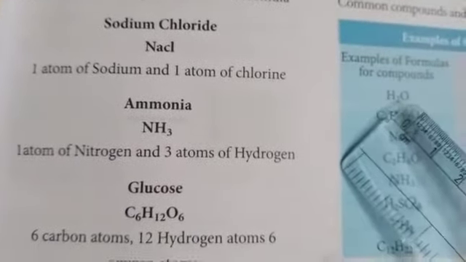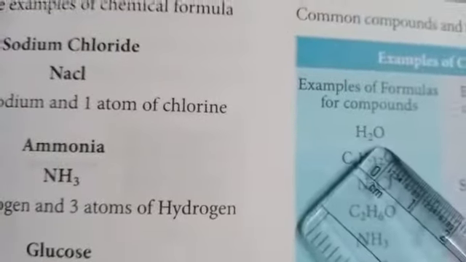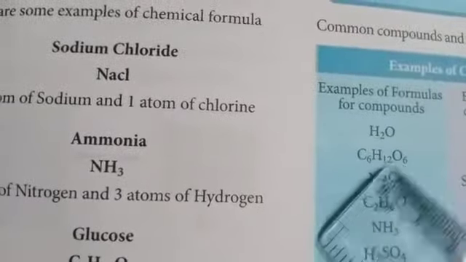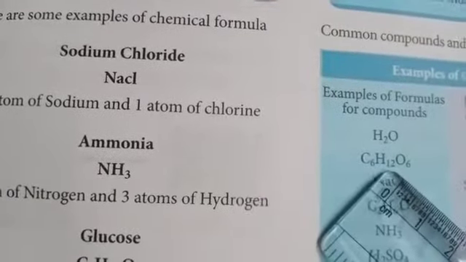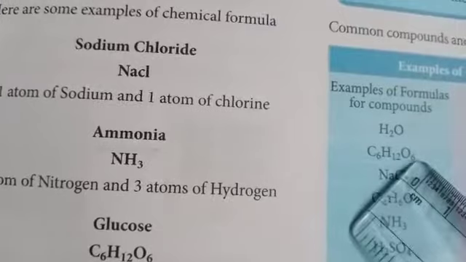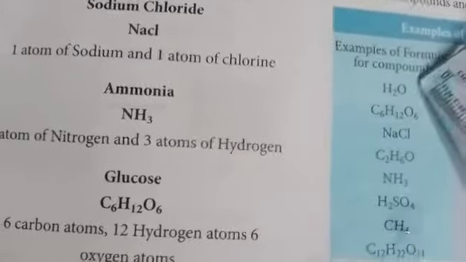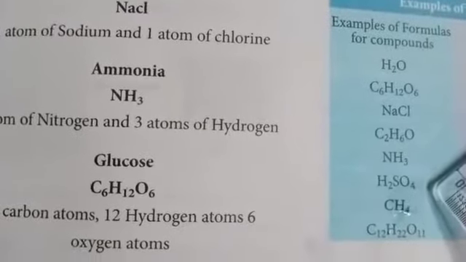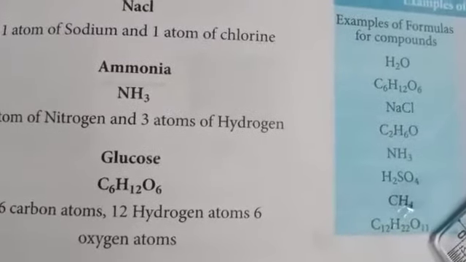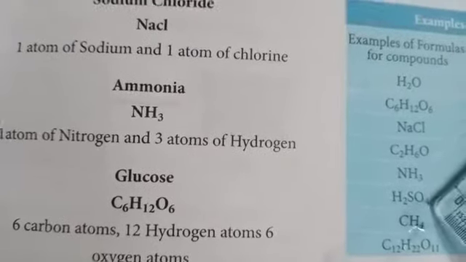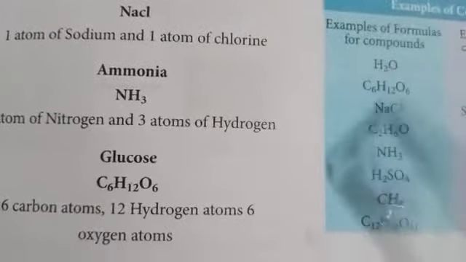Like H2O: under this you have to write 2 atoms of hydrogen and 1 atom of oxygen, and here 6 atoms of carbon, 12 atoms of hydrogen and 6 atoms of oxygen. Like this you have to write for each of the compounds or molecules. So totally 8 compounds are here.